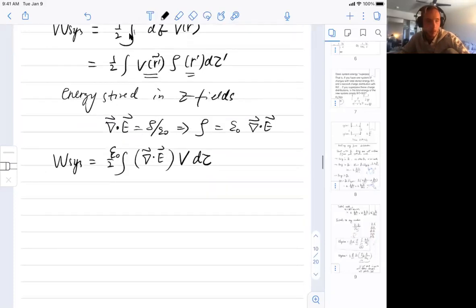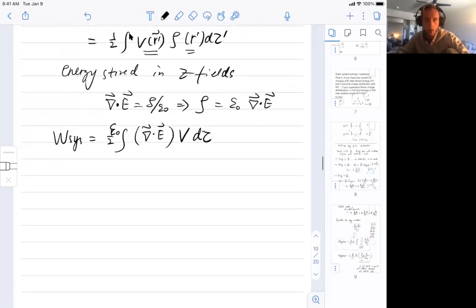Okay. So at this point, I need to use a math relationship. So I'm just gonna tell you what it is. It is similar to this kind of thing in one dimension. So in math, when you do integral u dv, you know it's u times v with the limits minus integral v du, right?